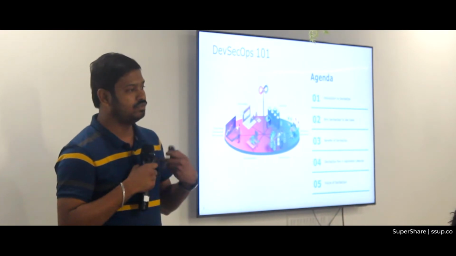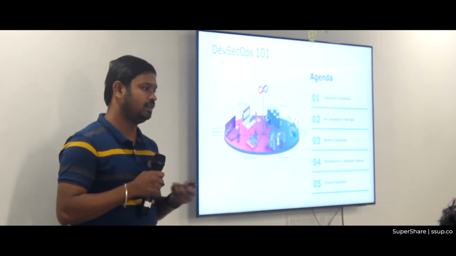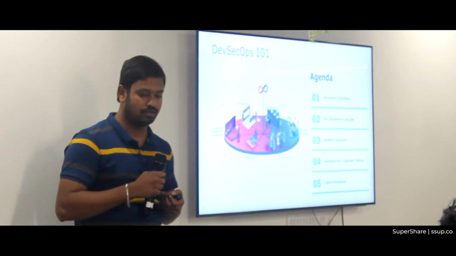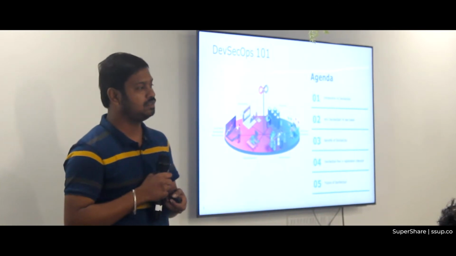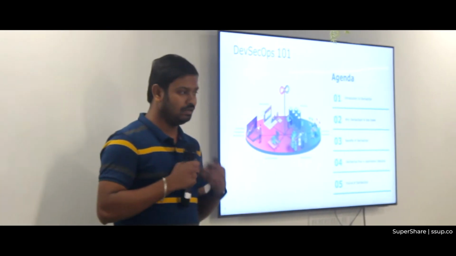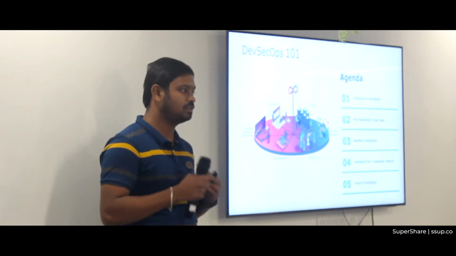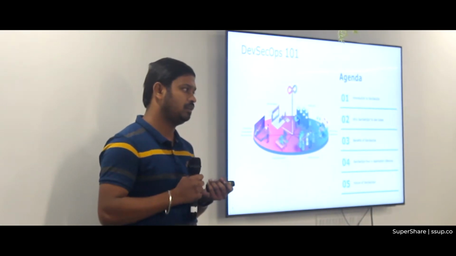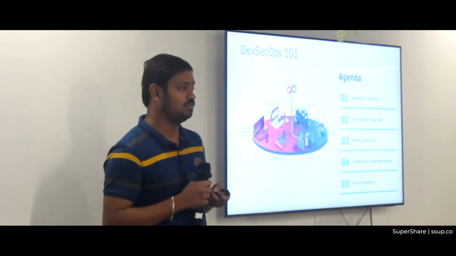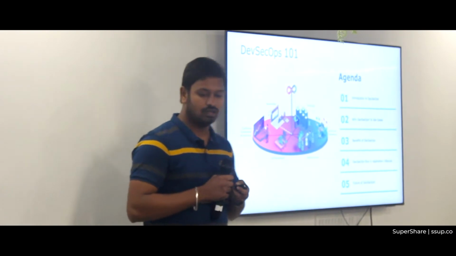Then what the benefits are: if we follow DevSecOps principles, how it helps us in terms of money, product value, or sales. Then the most important part of my talk: how we implement DevSecOps principles within DevOps implementations, where it fits exactly in our DevOps pipeline, which tools we will use, and which stages we will use it in. That's what I'll be covering. Then about the future.